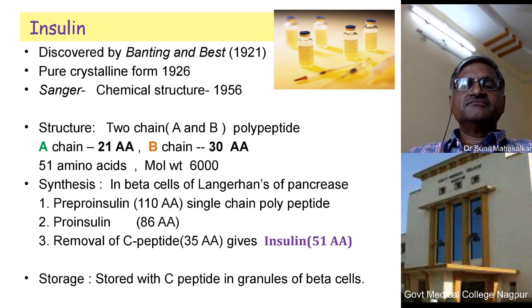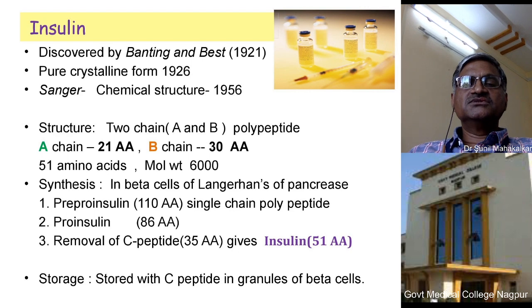It is synthesized in the beta cells of Langerhans of the pancreas. It is a mixed type of synthesis. It is synthesized as pre-proinsulin, which has 110 amino acids, a single chain polypeptide. Then there is proinsulin, 86 amino acids, and then by removal of a C peptide from this 86 amino acid proinsulin, we get insulin, which has 51 amino acids.